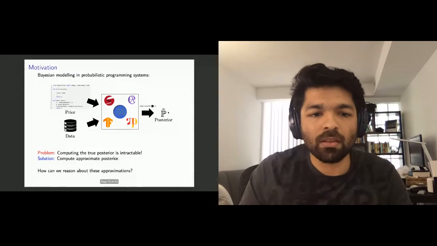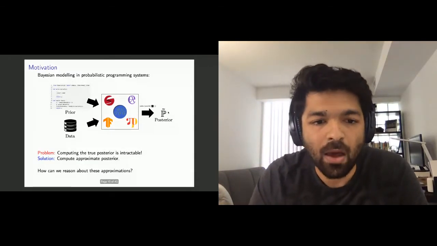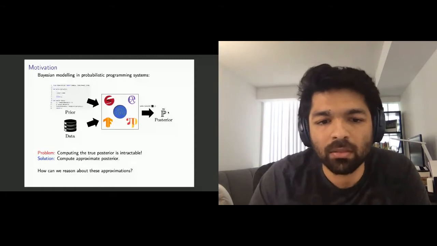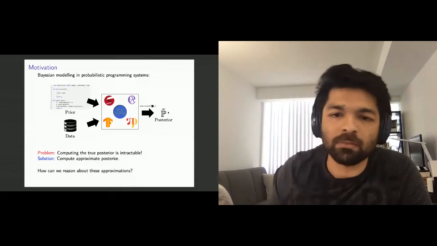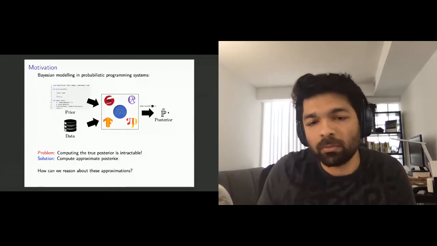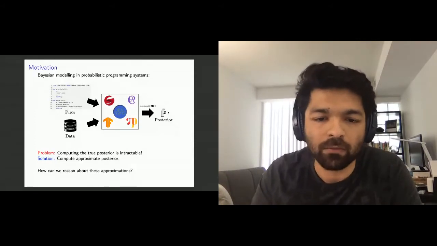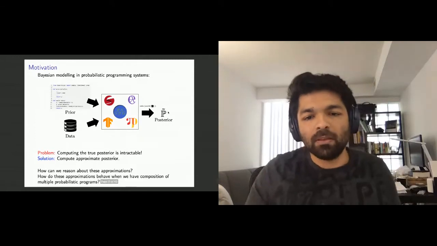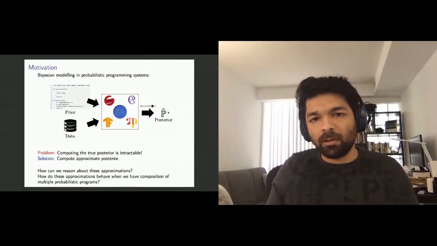So the first question that we're interested in asking is, how can we reason about these approximations? How do we compare this approximate program to the original program, or the true model, or our true posterior? How can we compare them? This question gets even more interesting when we have composition of multiple probabilistic programs.